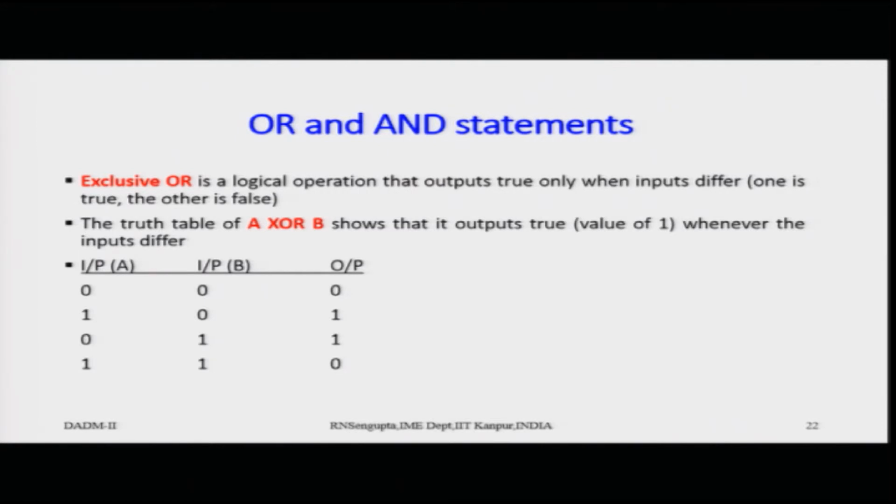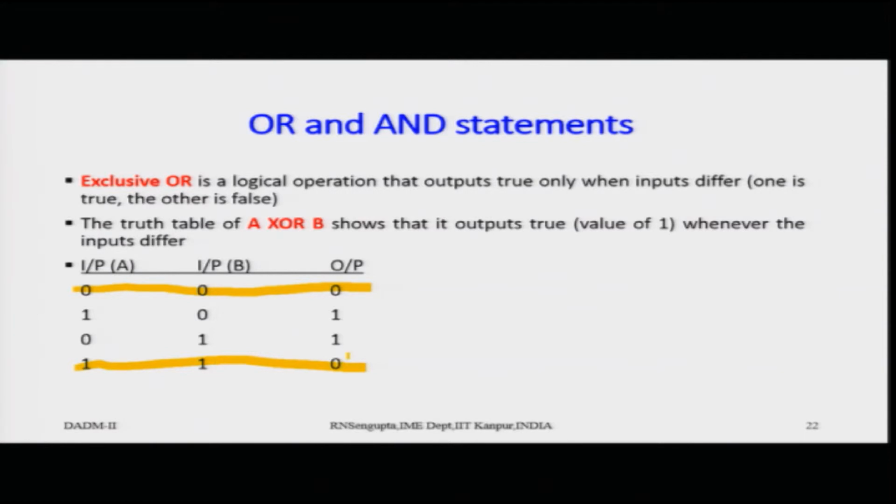So, the concept of exclusive OR is a logical operation or process that outputs true only when inputs differ. When the inputs are input A and input B, if they are the same, the output is 0. 0 0 gives a combination of 0, 1 1 gives a combination of 0.